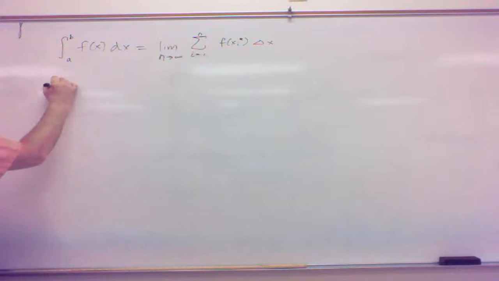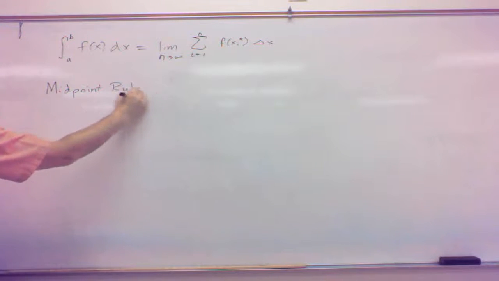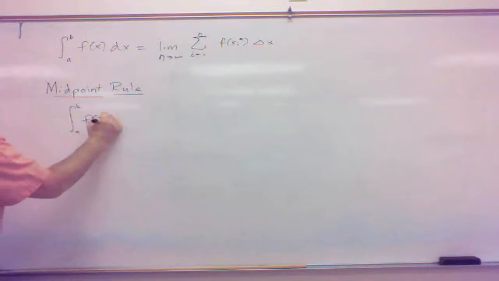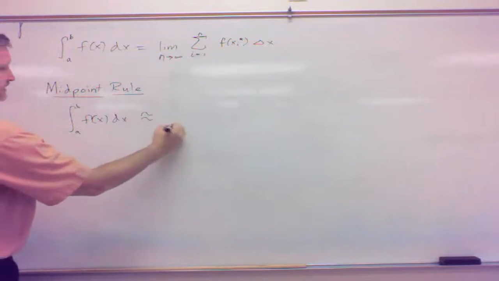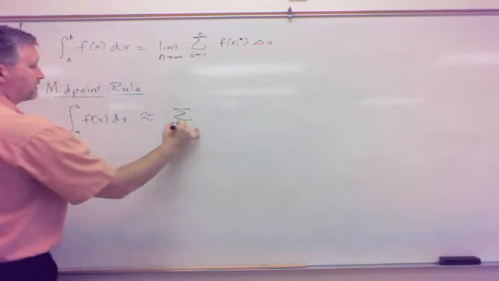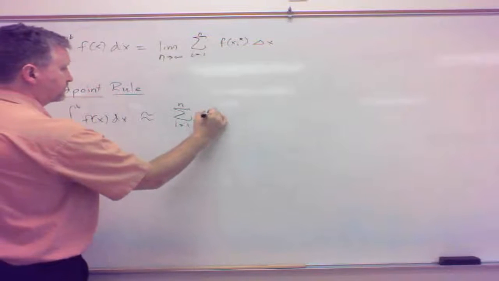And one other term that you might see is what's known as the midpoint rule for integrals. If you want the integral from a to b of f of x dx, that's approximately equal to the sum from i equals 1 to n, however many rectangles you want.